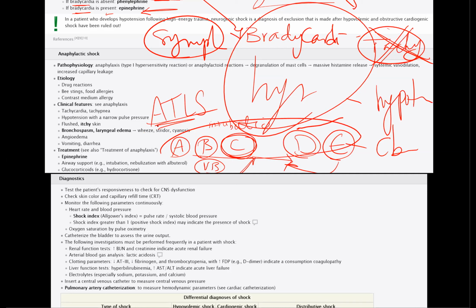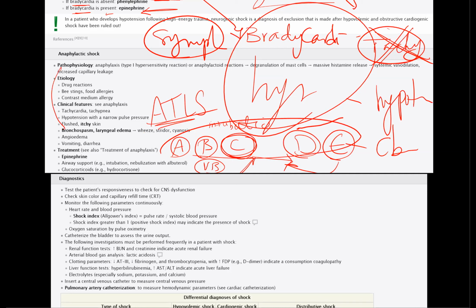For anaphylactic shock, you will think the same way. The patient is hypotensive, with reflex tachycardia, and flushed skin because of the anaphylaxis. We may also have bronchospasm, laryngeal edema, and angioedema.